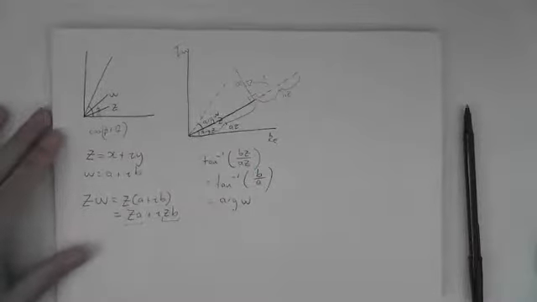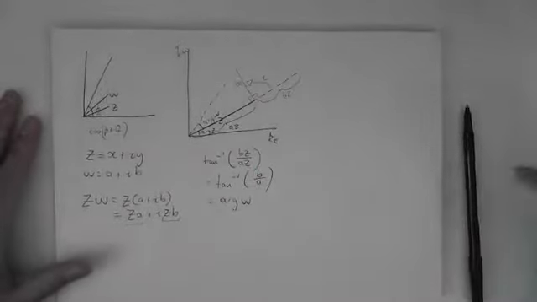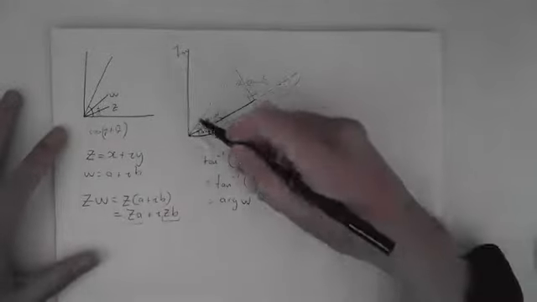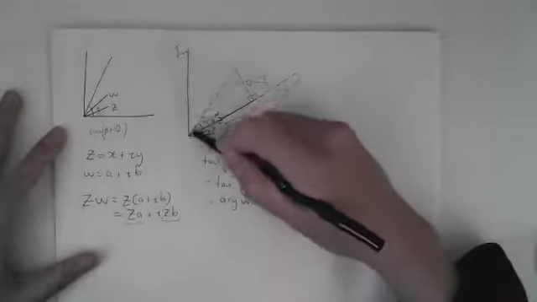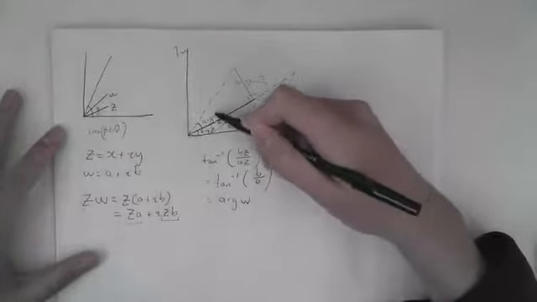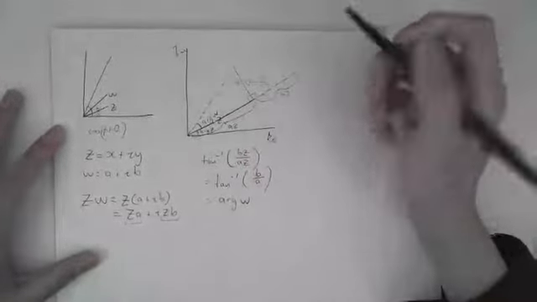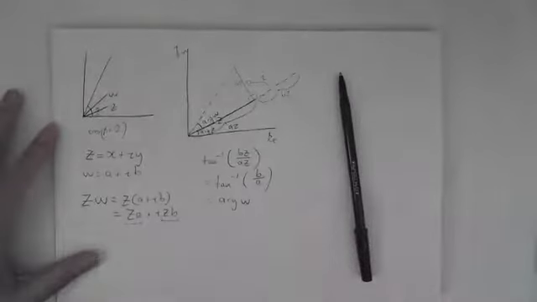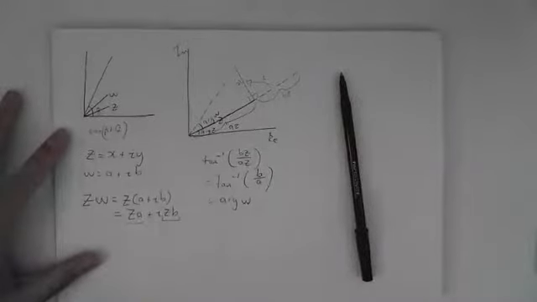So I hope that was an intuitive way of seeing how this resultant vector's angle is indeed composed of arg z plus arg w, as you can clearly see in this diagram. So I hope this video helped, and I hope to see you guys again next time. Thank you.